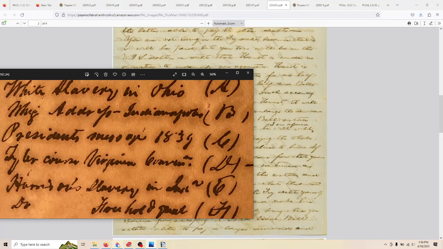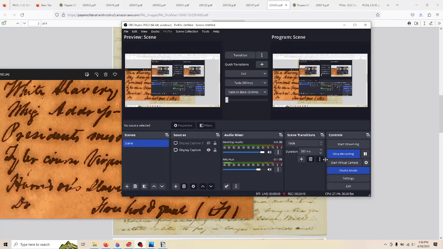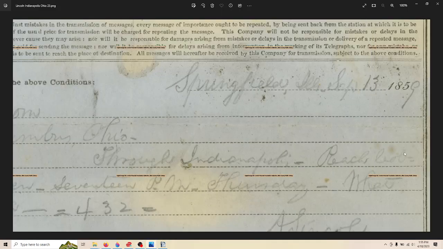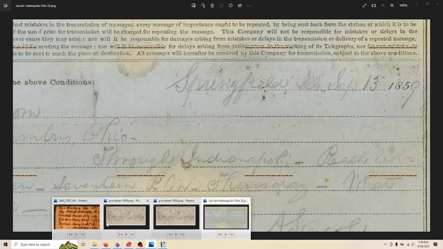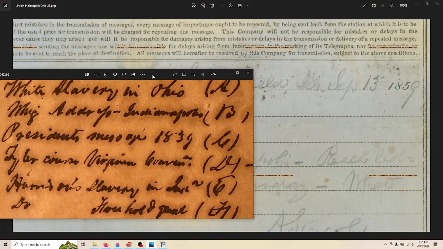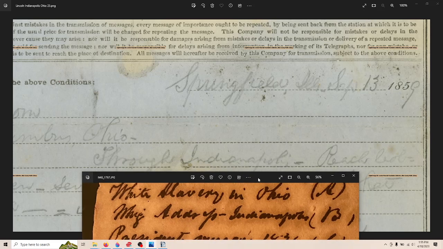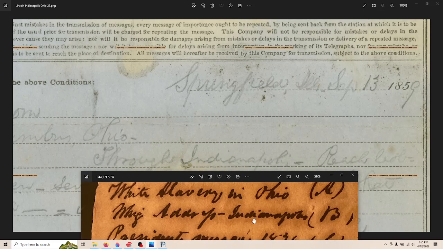Okay. Back to Indianapolis. Okay, here's Indianapolis from 1839, and also Ohio. How does that compare? This is in pencil, this is in pen.